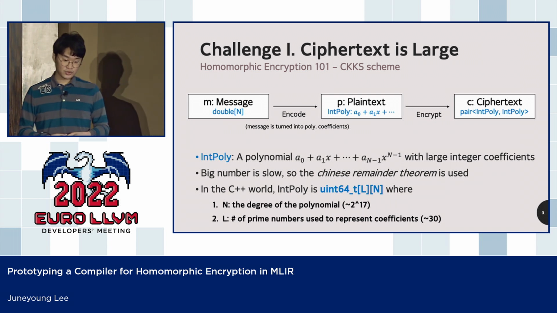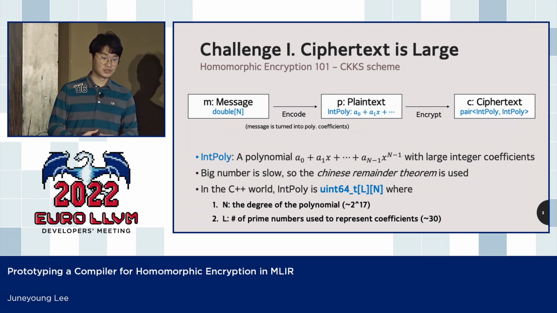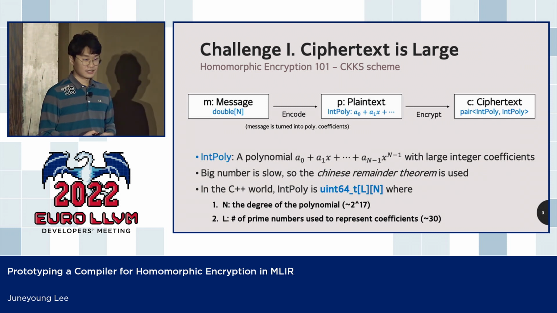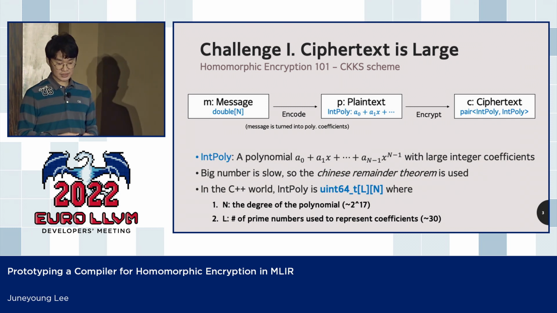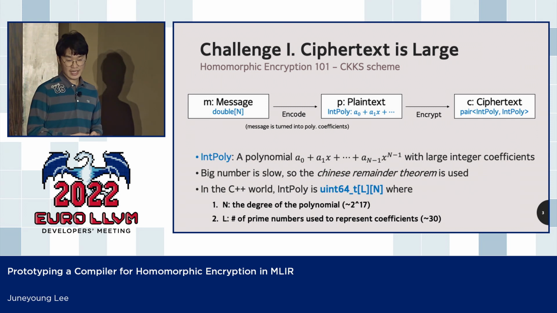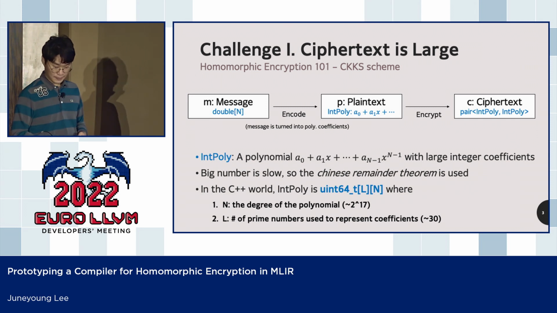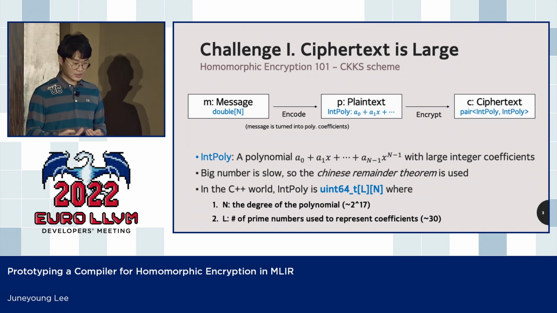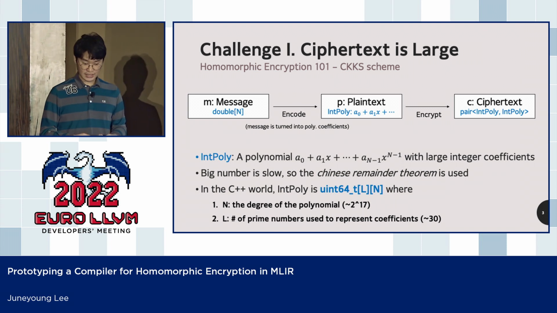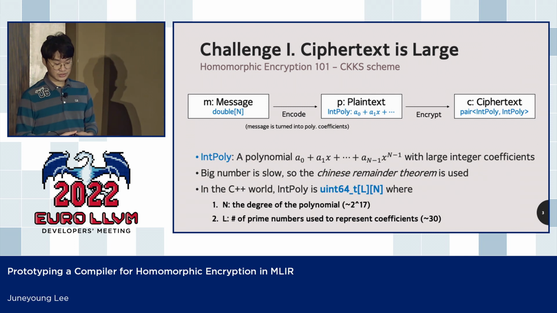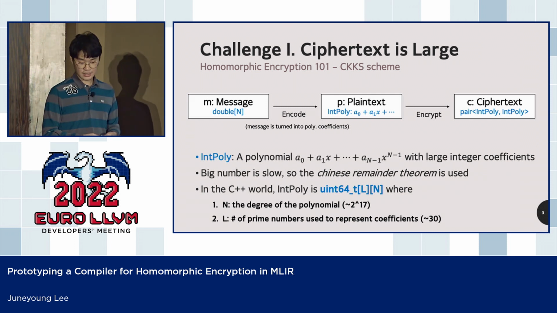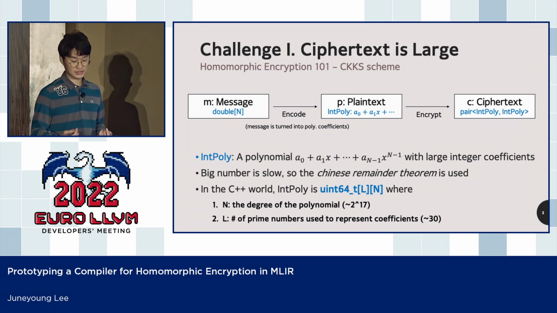Therefore, the integer polynomial can be represented as a two-dimensional array, where the size of the first dimension, L, is the number of prime numbers, and the second, n, is the degree of the polynomial. Usually, n and L are chosen pretty large, so the degree of the polynomial can increase up to 2^17, and the number of prime numbers can increase up to 30.